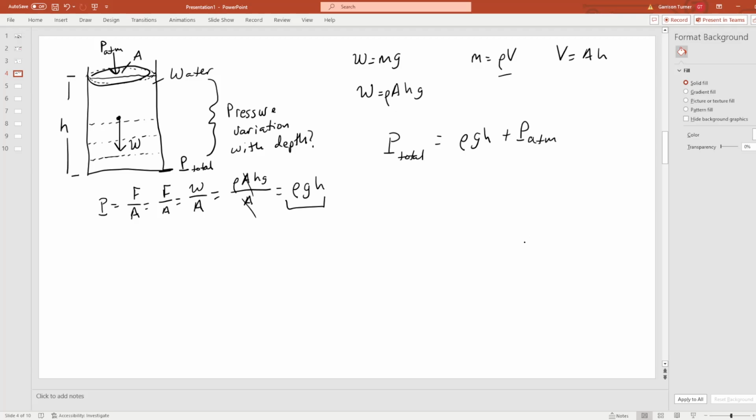So we will often call whatever this initial pressure at the top is P naught. We will abbreviate this equation to just say that the pressure within a fluid is equal to the initial pressure at the top plus rho g h. And this is a fundamental equation. That equation is fundamental, so do keep that one in your back pocket.